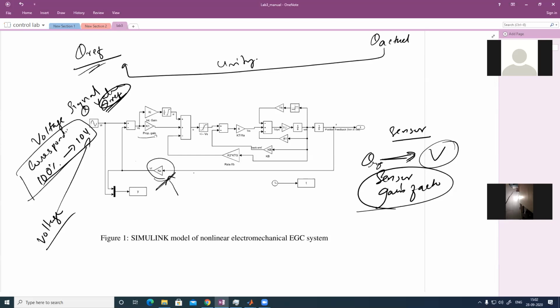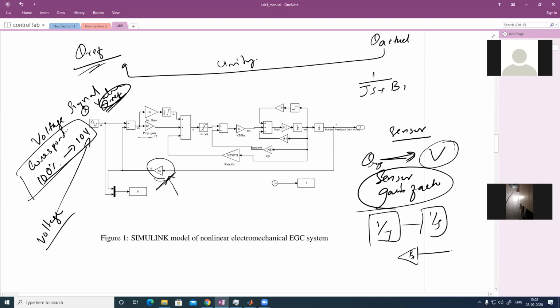Other things remain the same, but the 1 by Js plus B1 is now changed like this: 1 by J, 1 by S, and B1 as a feedback path. If you solve this one, you will get that one only.